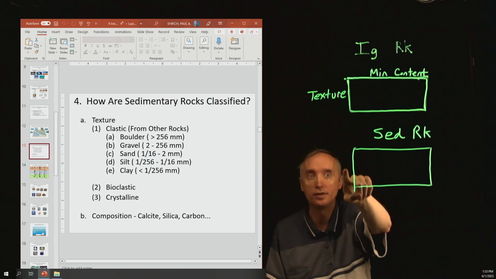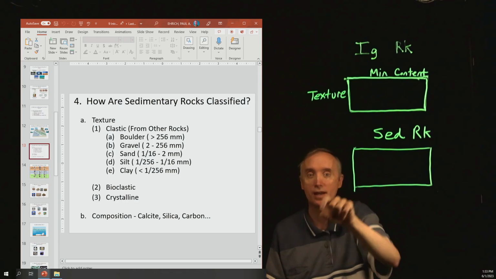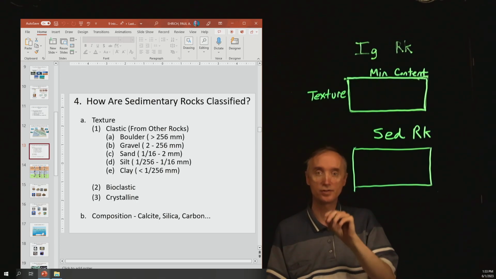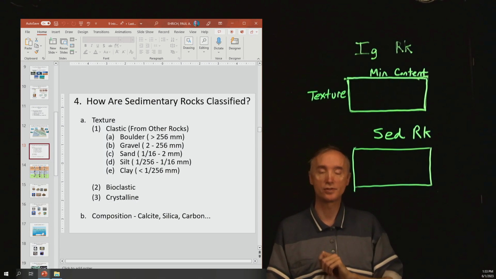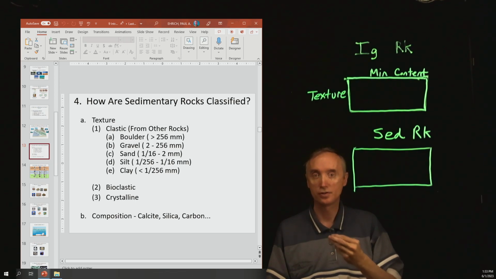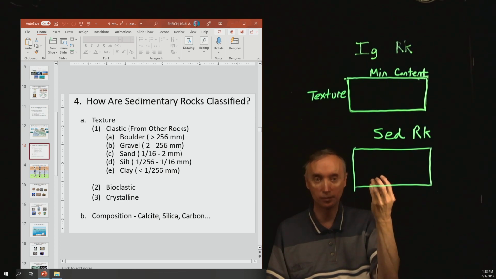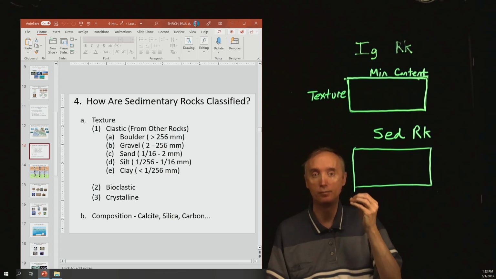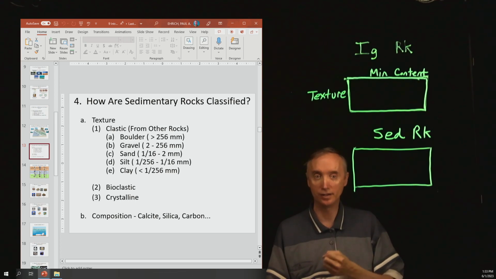Then going up and down is going to be the texture. And so let's look at the different kinds of textures that a sedimentary rock can have. There are three basic textures. So you have clastic textures, which means it's composed of pebbles and rocks that are glued together. You can have bioclastic, which means that it was organically made.